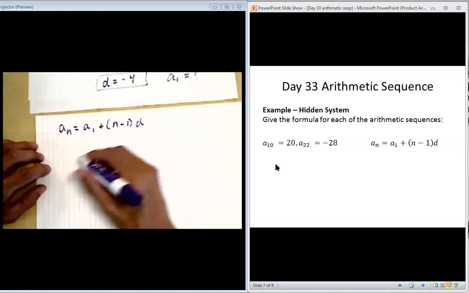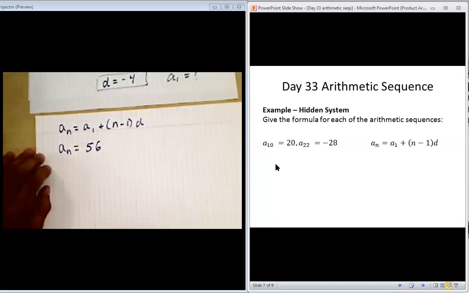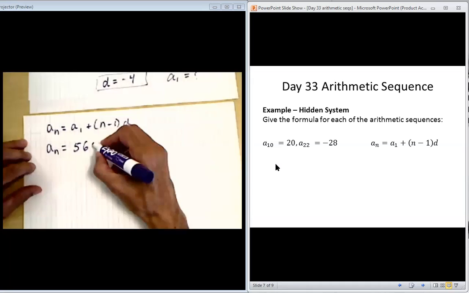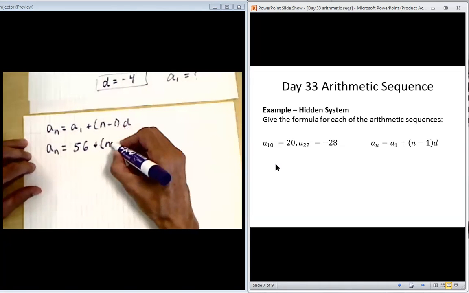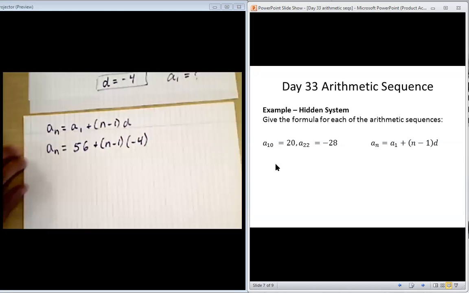We got N will stay. A1 is 56 from our good work there earlier. We have N will stay, and D is -4 from our work earlier there as well.